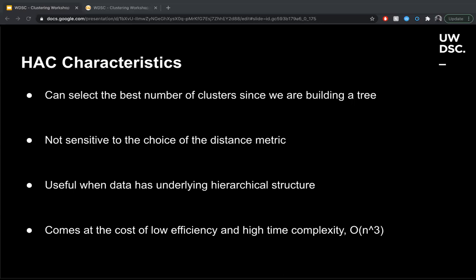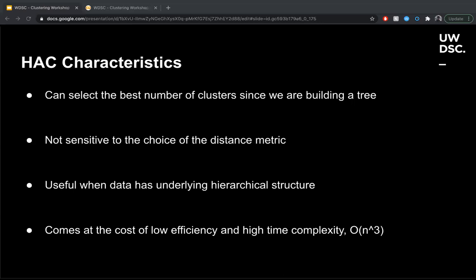Unlike k-means, which has very fast computations, the time complexity of HAC is O of n cubed. If you have experience with big O or time complexity, you'll know that's really big. So you're not able to apply it to huge, enormous amounts of data, unlike k-means, which operates in linear time.